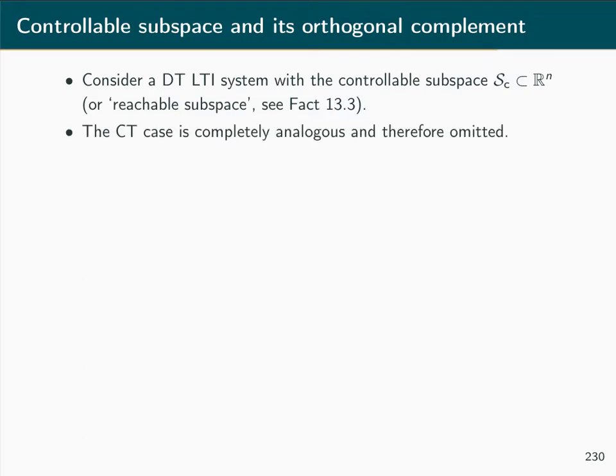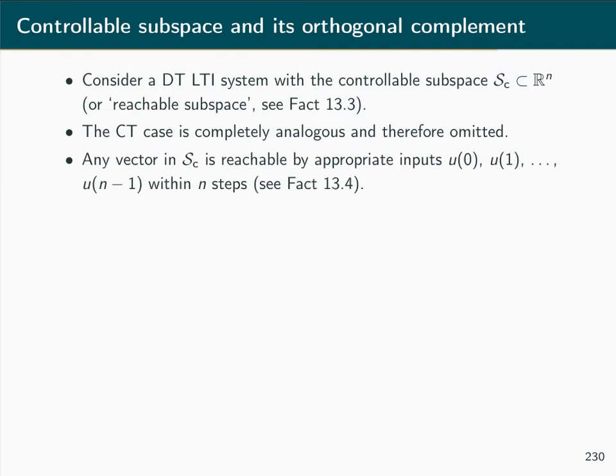The case of a continuous time system is completely analogous and therefore omitted, and we will only look at the discrete time case. Recall that any vector in the controllable subspace can be reached by the system state within n steps, starting from the origin and by selecting appropriate control inputs u(0), u(1), and so on up to u(n minus 1).